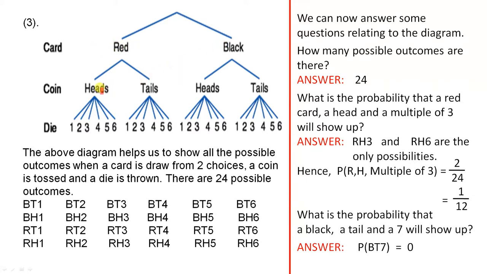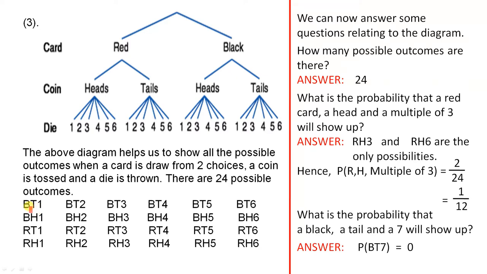When we have a coin, there are only heads and tails, and for a die, there are 6 different choices. So basically, this is a 3-stage event. You pick a card, you toss a coin, and you toss a die. Now, from the tree diagram, we can see that there are 24 possible outcomes. Now, we'll just do the first couple only.